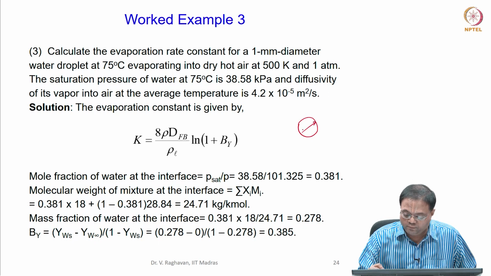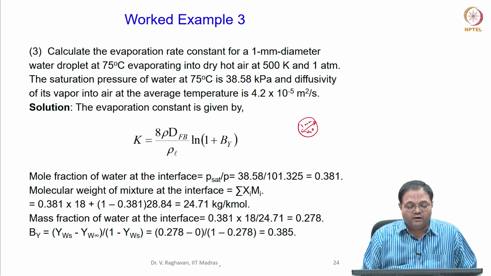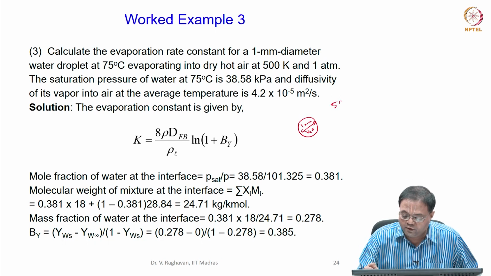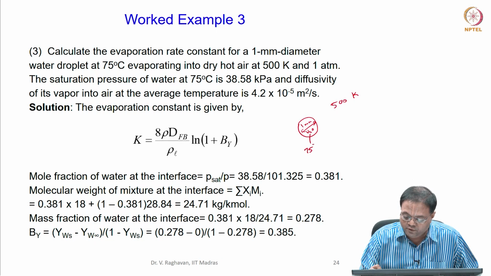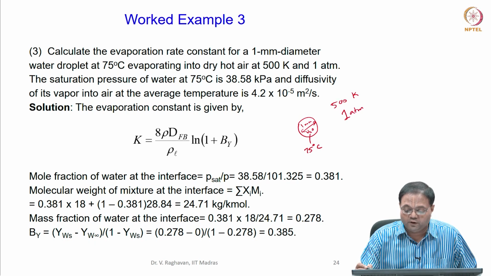Okay, so this is a 1 mm diameter water droplet at 75 degrees evaporating into hot air at 500 Kelvin. So, the ambient is at 500 Kelvin, the droplet temperature is 75 degrees centigrade and the ambient pressure is 1 atmosphere.